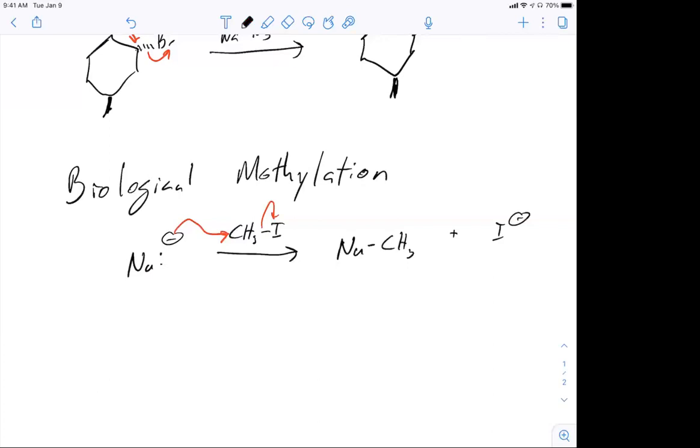You can alter DNA strands by putting a methylation on it, which can be problematic if you don't want it there, but is important in other spaces. So methylation is probably second to proton transfer in many biological methods, so you'll see it a lot.